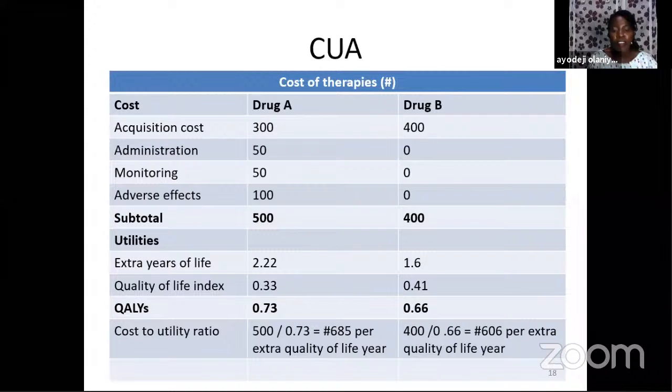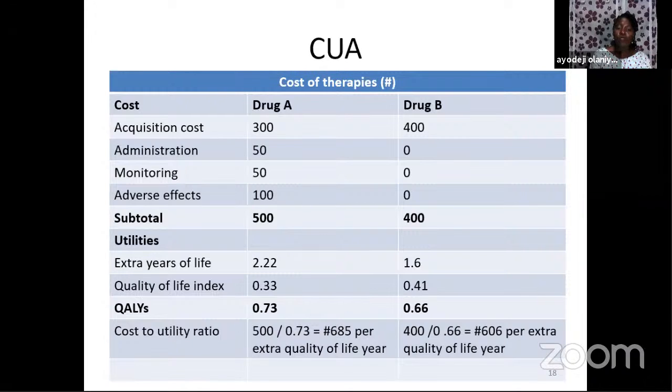Then the quality of life index. The quality of life index that the patient gets from taking drug A, we have 0.33, and from drug B, we have 0.441. After multiplying this, the quality adjusted life years for drug A gives 0.73, and for drug B, we have 0.66.